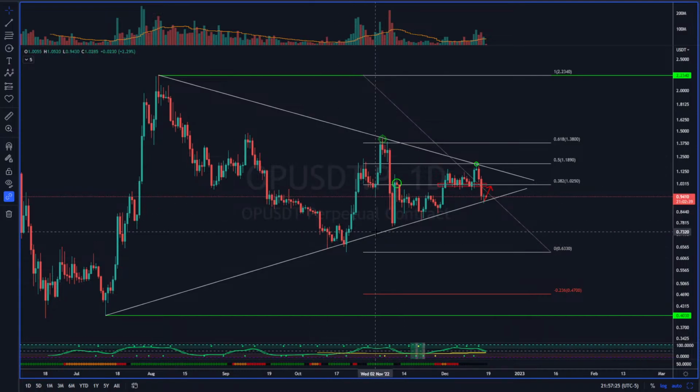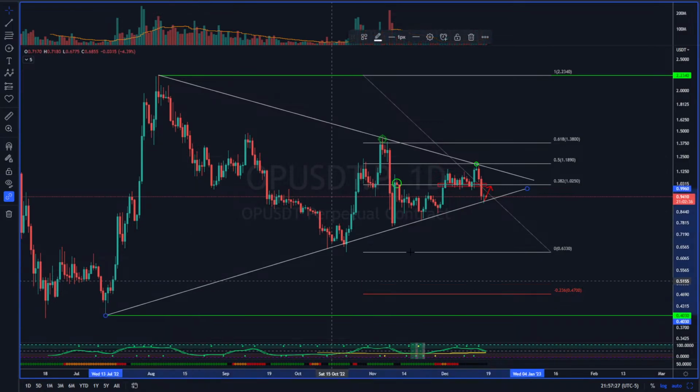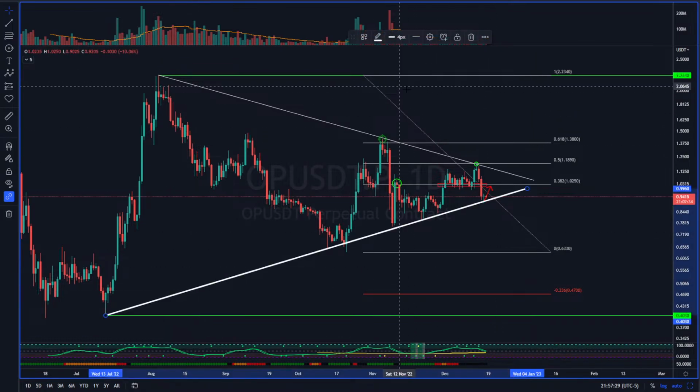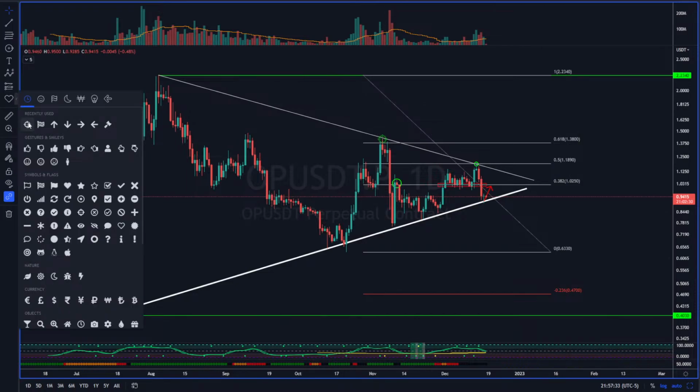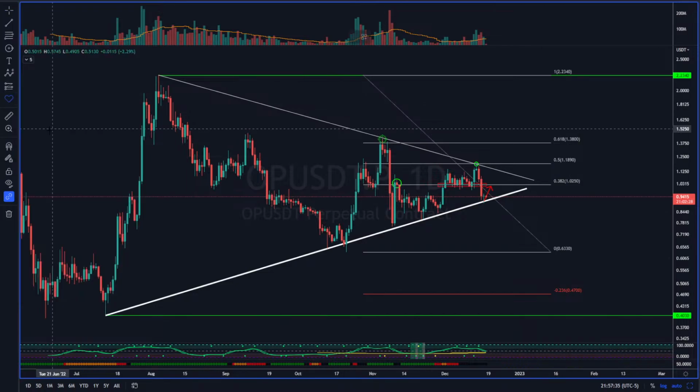But we also have this trend line right here that we have to pay attention to, because the more times this is tested, and it has been tested many, many times. We've got 1, 2, 3, 4, 2 days in a row, 5, 6, 7, 8. 8 times.